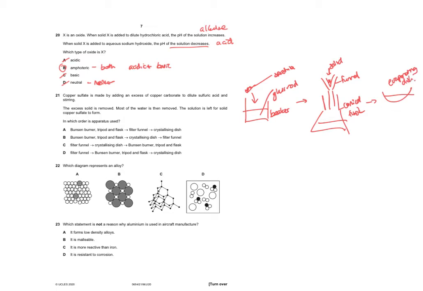And then often we heat this, apologies, to help it dissolve, to help it react faster. So Bunsen burner, tripod and flask, then a funnel, then a crystallizing dish, so it's going to be A. Bunsen burner, yeah.